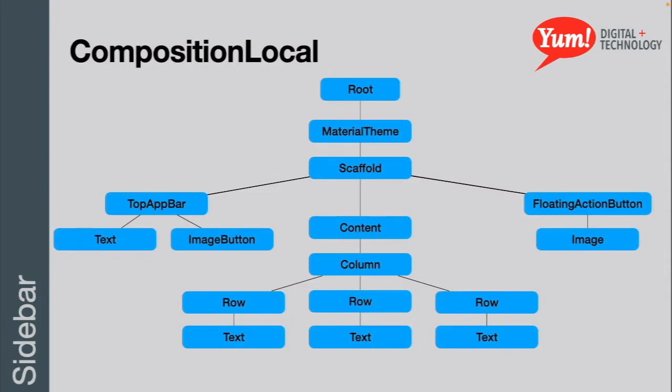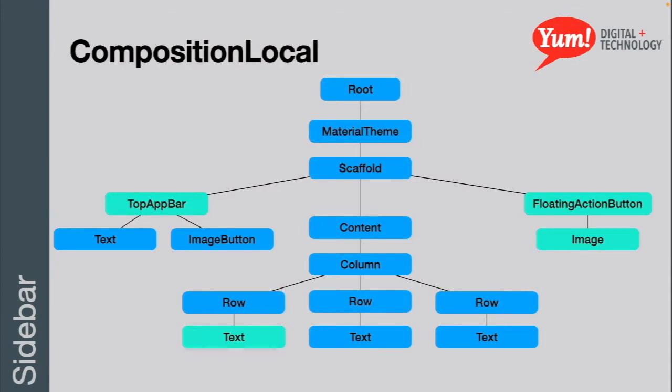And so now, when we want to use our design system, we have different nodes, random nodes throughout this tree that need to understand things from the scope, from material theme. And so one sort of naive approach might be to have some sort of static somewhere so that these can just access the static and say, oh, give me this, but then we're in shared mutable state, blah, blah, blah, all of those bad things.